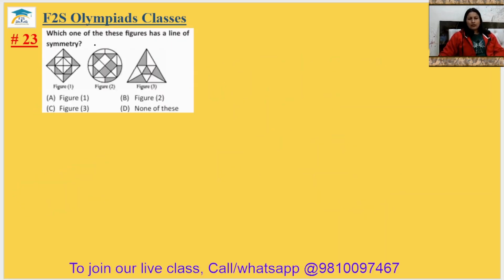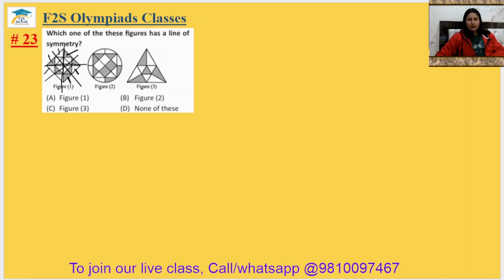Question number 23. Which one of these figures has a line of symmetry? Figure 1. See, if we take the line of symmetry like this, this is colored, this is not colored, not symmetric. We take it this way, this is colored, not symmetric. In this way, this is correct, but this shape is not colored here, rejected.